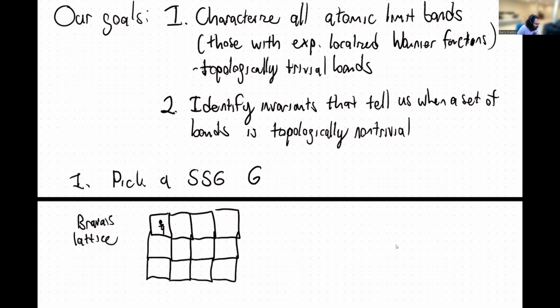Now, some of the space group symmetries might leave this point Q invariant. So let's define a group. I'll call it G sub Q. And G sub Q is going to be the set of all of the space group symmetries that leave this point invariant.